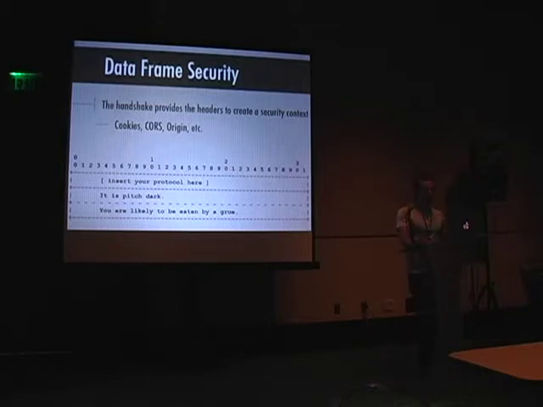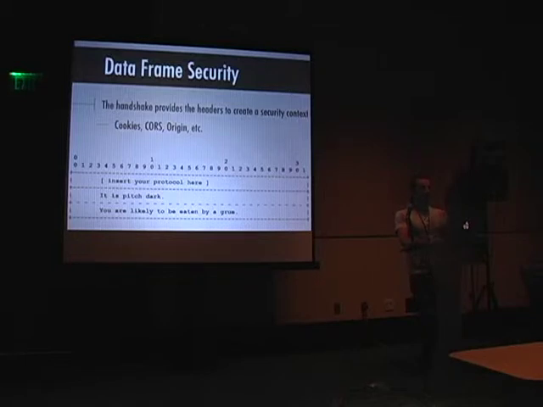Data frame security: basically the data frame itself doesn't have any security embedded in it, unless we talk about the transport, because for WS there is also WSS, which is secure WebSocket. But other than the tunneling itself, there's nothing else extra added.